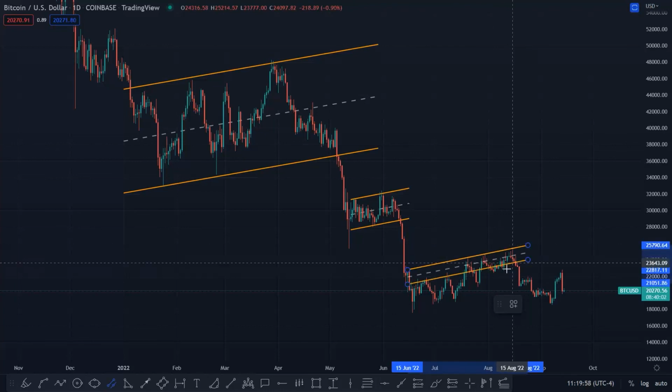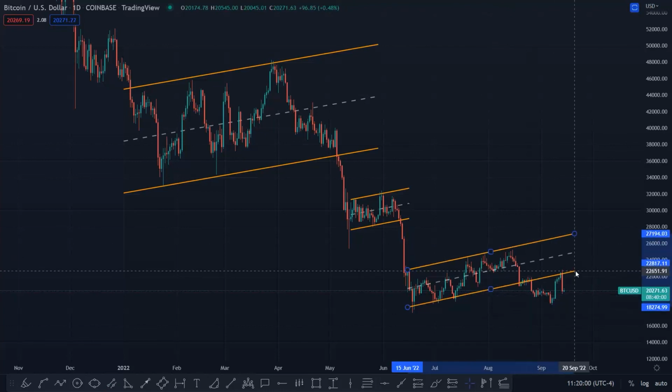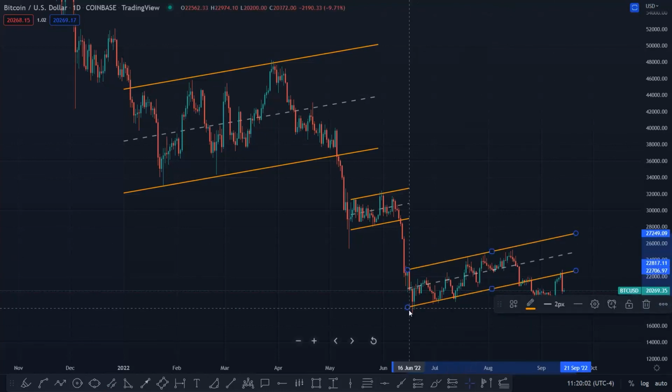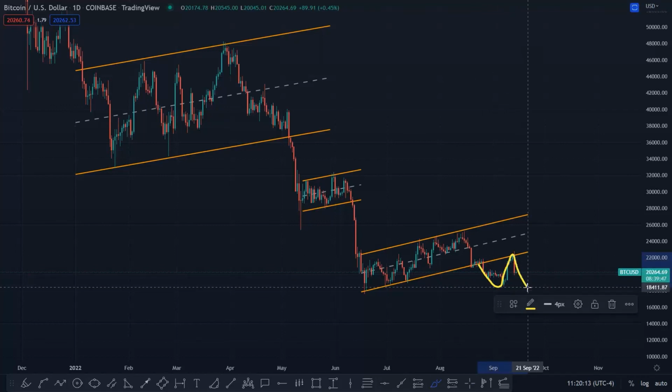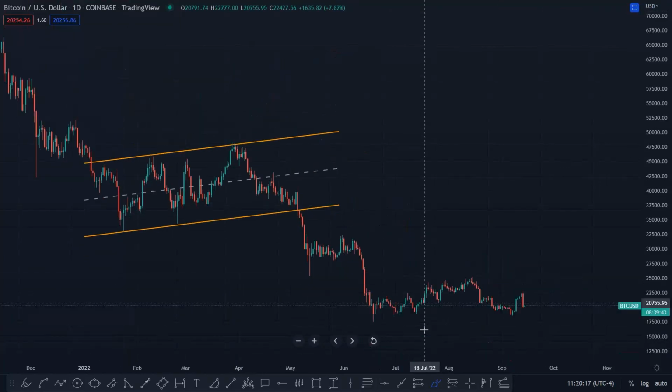This was another flag here. Yeah, we broke it. Pretty simple. We broke the flag downward. We tested it, kissed it, and we're now going down again. Yeah, so it's a flag.